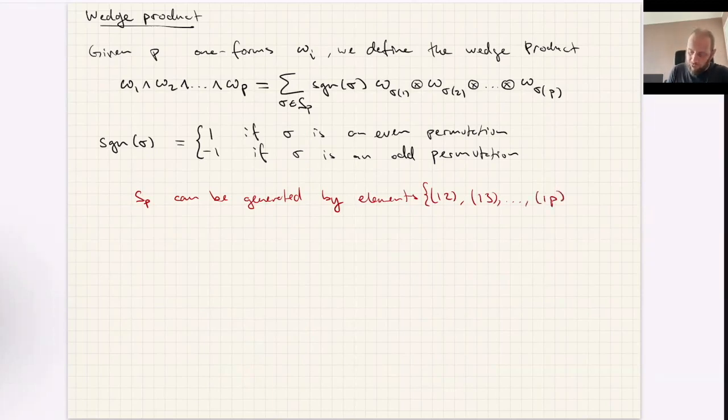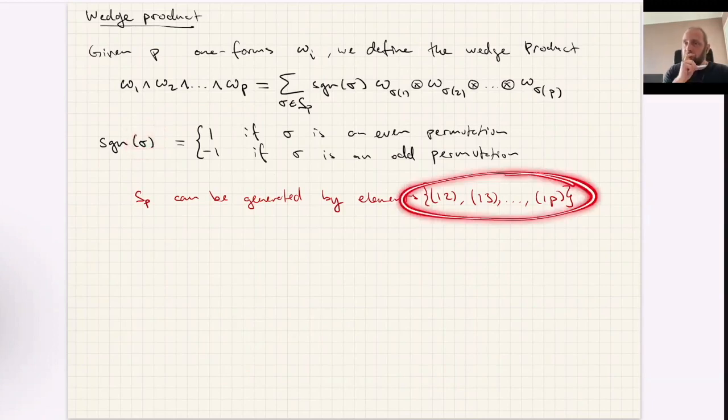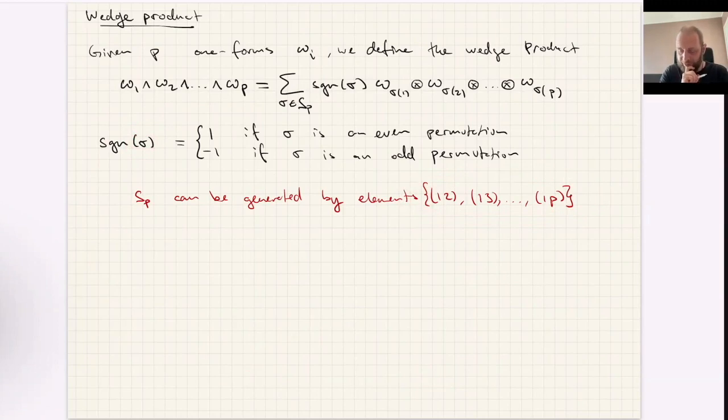So these are p minus 1 generators, and we say that a permutation is even if it's a product of an even number of generators, and odd otherwise, so if it's a product of an odd number of generators. So this is actually a homomorphism from S_p to {1, minus 1}, which is a group under multiplication. So this function is 1 or minus 1, depending on if I have an even or an odd permutation.